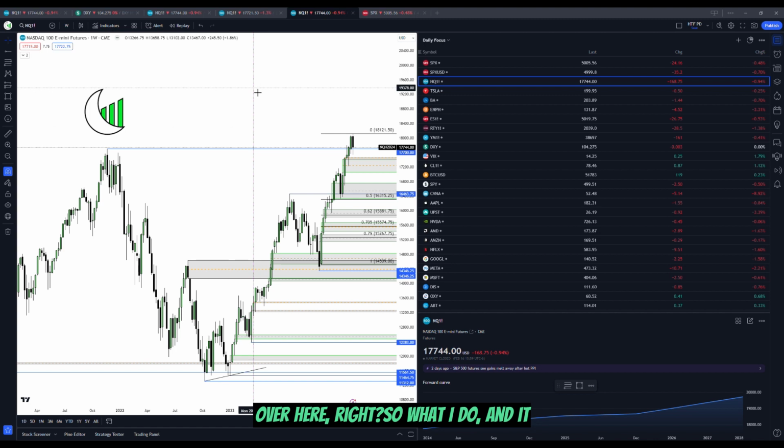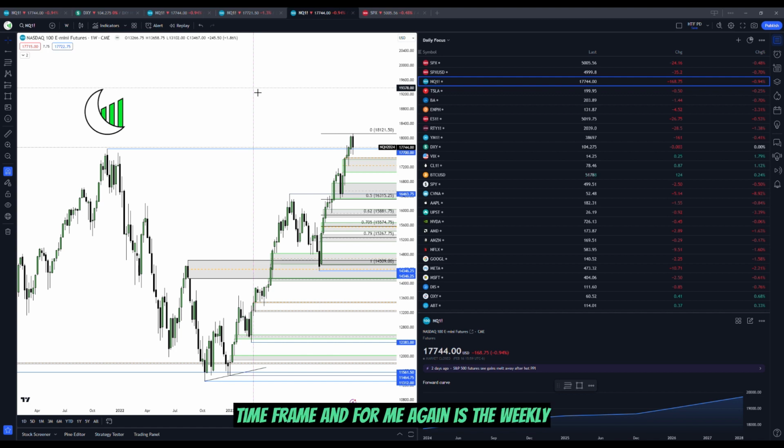So what I do, and it really doesn't take all that long, is I just go through, and if I can see a setup that identifies to me what would be a higher time frame draw on liquidity that is actionable, from that point I then look to see if it will check out on, say, a daily time frame, or say even tighter than that, an hourly time frame.